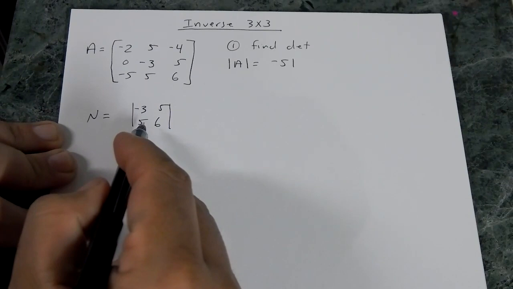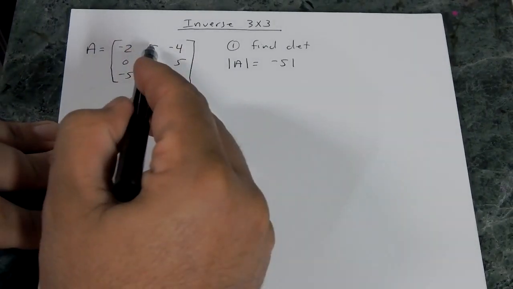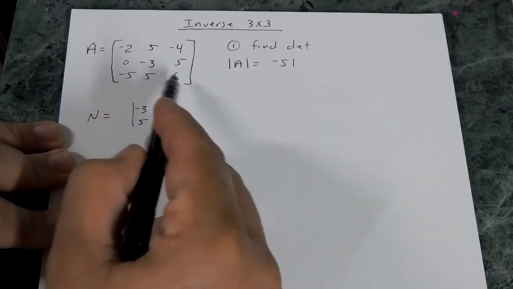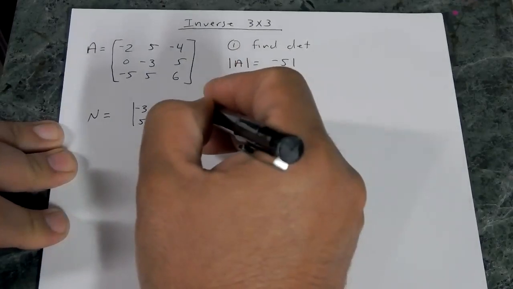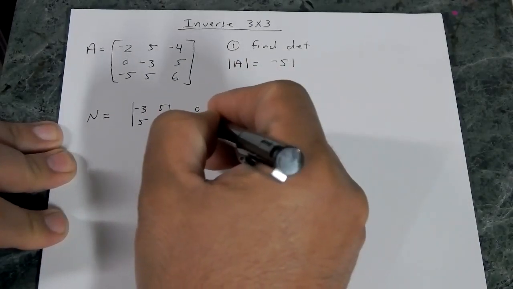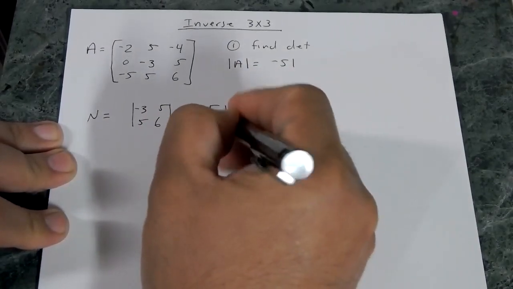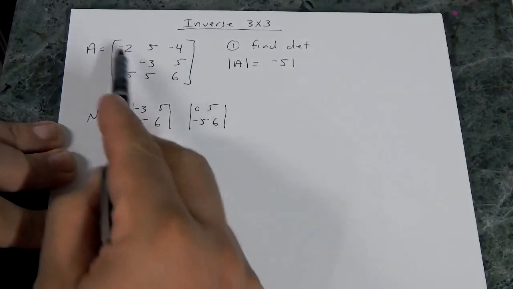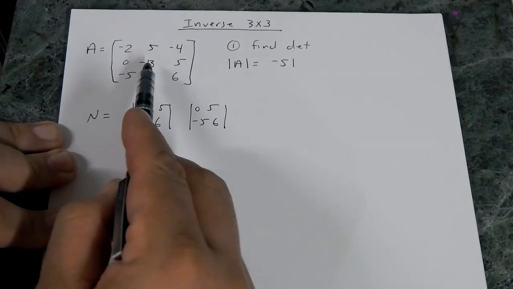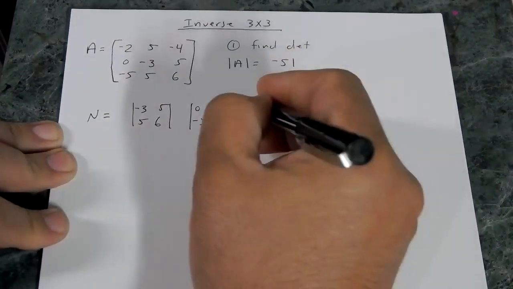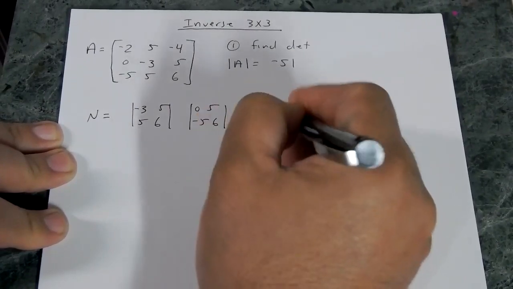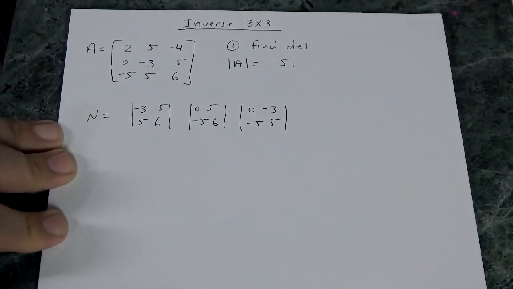Now, if I knock out the first row, second column, I'm left with 0, 5, -5, and 6. And then if I knock out the first row, third column, I'm left with 0, -3, -5, and 5. And that's just the first row.